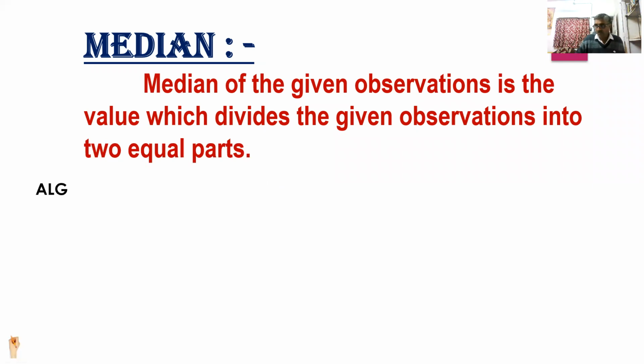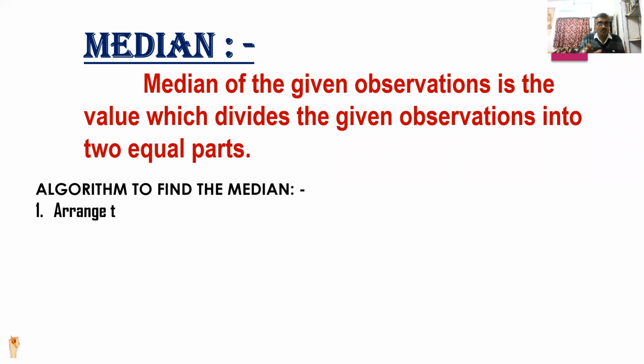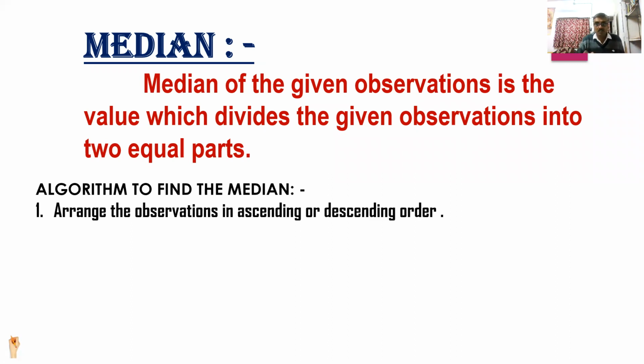Algorithm to find the median. First, arrange the given observations in ascending or descending order. You have to write down the observations in ascending or descending order.